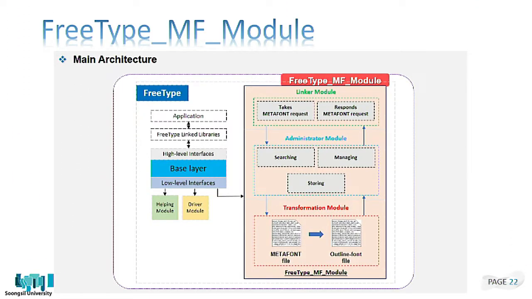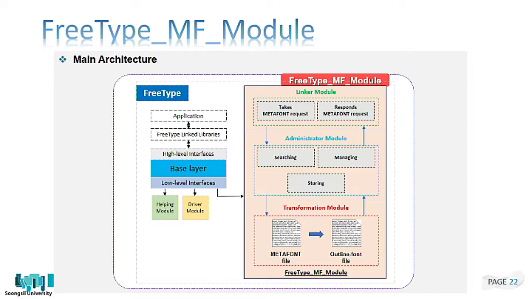Okay, this is the architecture of the Freetype rasterizer, with the high-level interface, base layer, and low-level interface. If there's a Metafont, it passes to the Freetype MF module, which is composed of 3 modules: a linker module, an administrator module, and a transformation module.